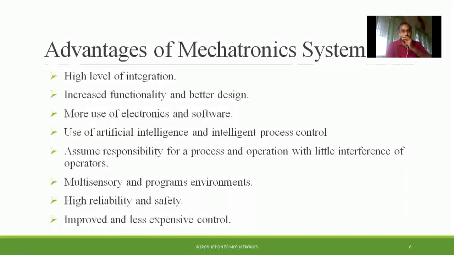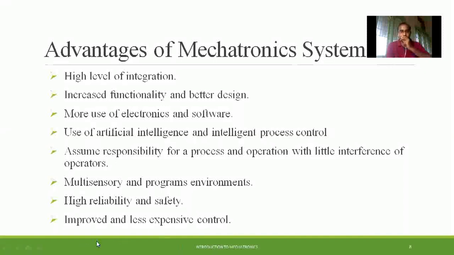So, at three different positions related to the mechanical, the electrical, and the IT-based sectors, three different skillful workers are necessary to operate. Here, only a single person can guide or monitor these three different types of work at a single place.